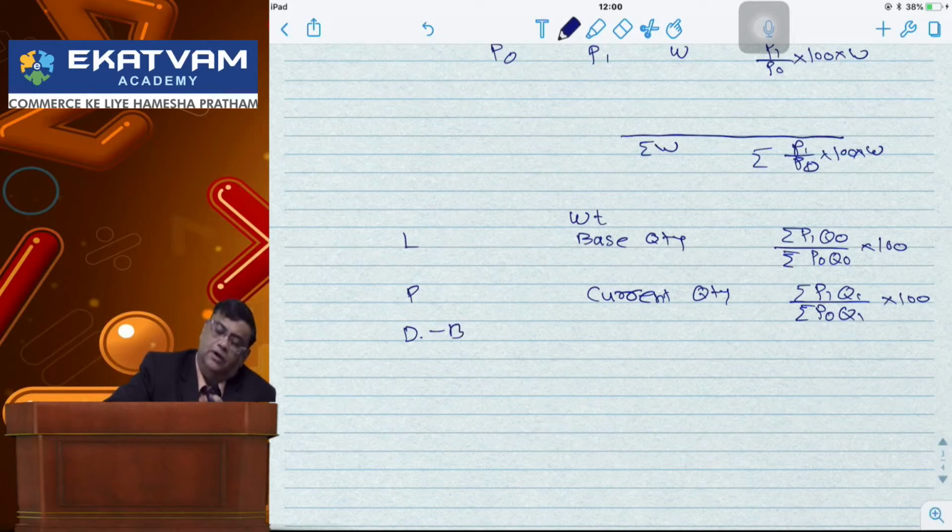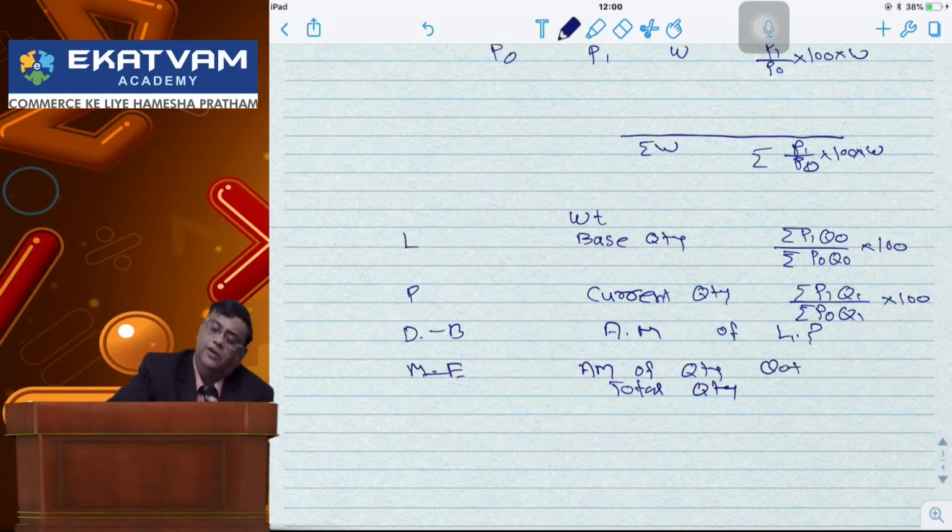Dorbish-Bowley considered arithmetic mean of L and P. Marshall-Edgeworth considered arithmetic mean of quantity as a weight. Or you can also say total quantity as a weight.